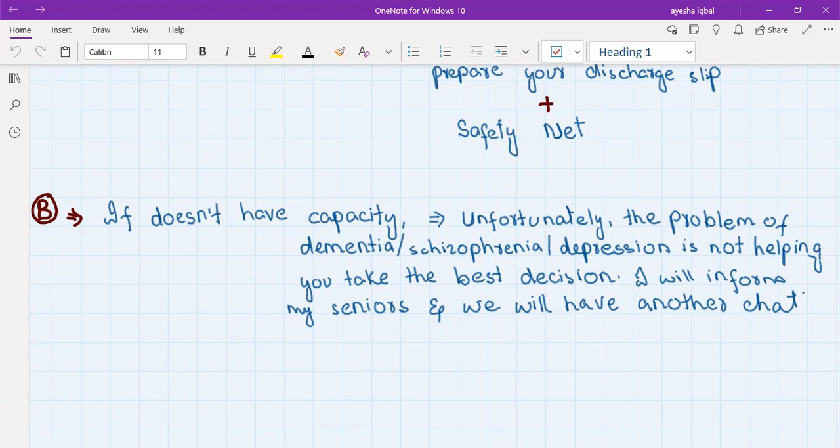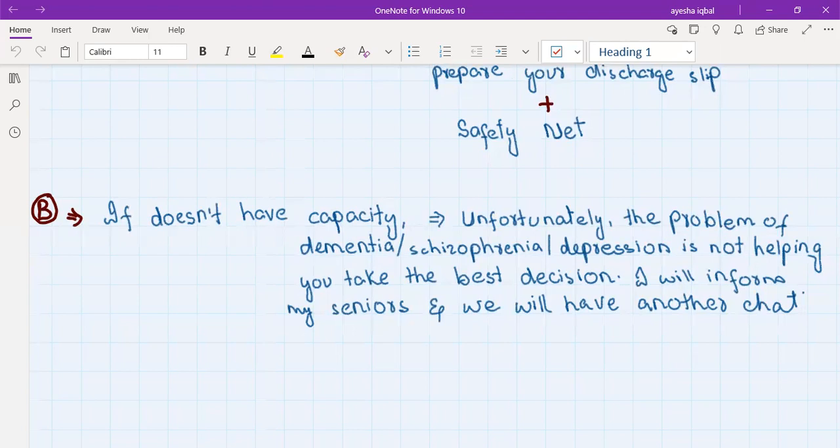So basically, if the patient refuses treatment, then you need to do three things. Initially, you will just ask the symptoms at presentation, then the current symptoms, how is the patient doing? Is he out of the danger zone at the moment? Medical conditions, allergies, medications, and social history. This is your data gathering. And then you need to do three things.